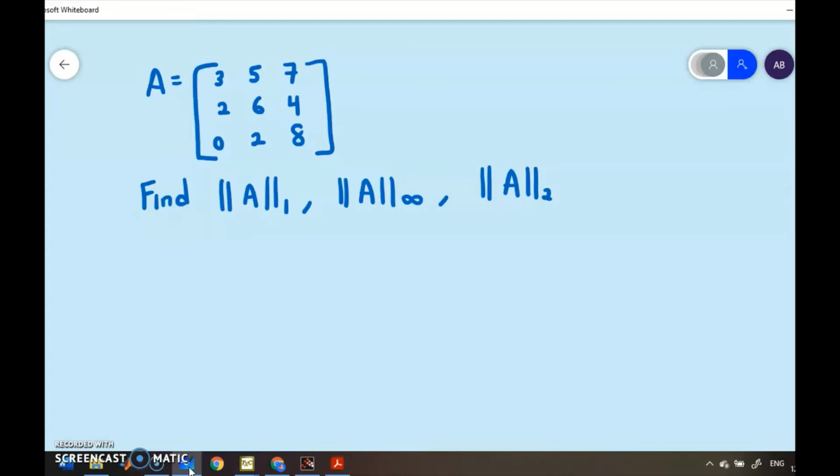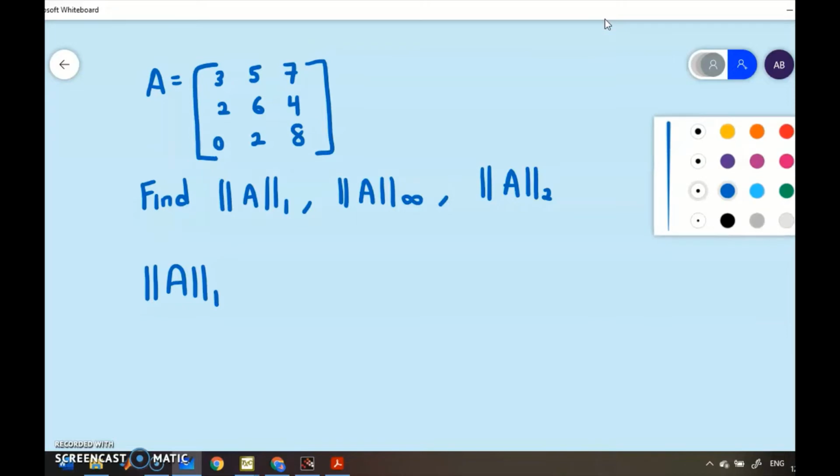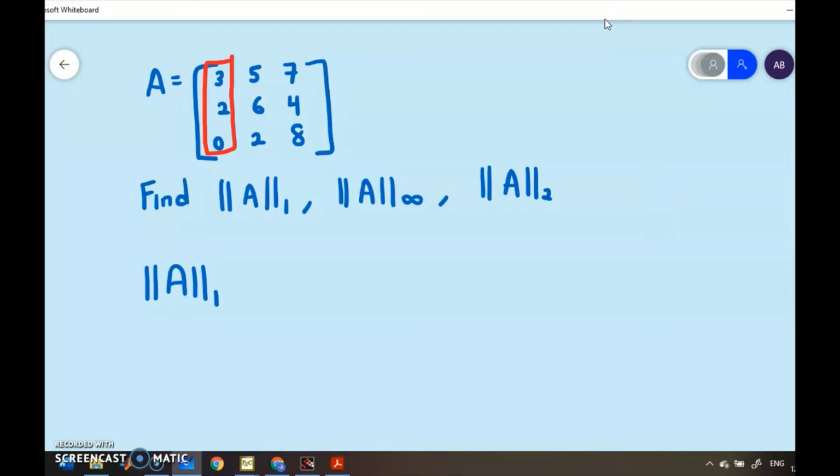So what is the one norm of A here? It is the maximum column sum. This is the column, let me just highlight, column 3, 2, 0. You want to find the maximum, and you need to take the absolute values.